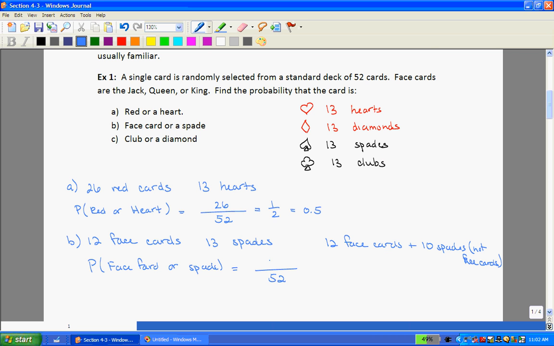So that means we get 22 over 52, and for a reduced fraction, that's 11 over 26. Or if you're asked for a decimal, possibly to 2 decimal places, that would be 0.42.